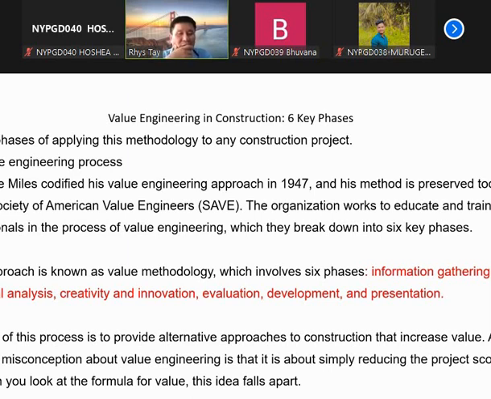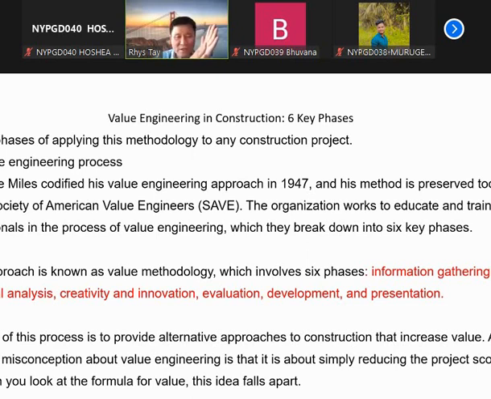So Lawrence Miles codified his value engineering approach in 1947. This method is preserved today by the Society of American Value Engineers. The organization works to educate and train professionals in the process of value engineering, which they break down into 6 key phases.